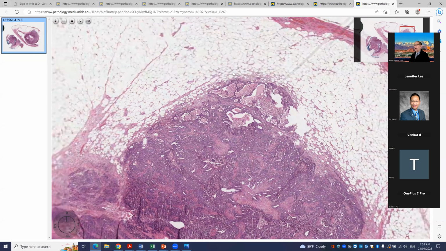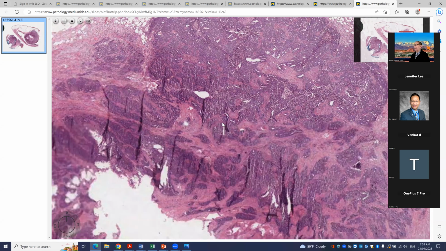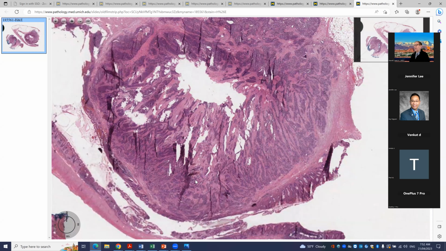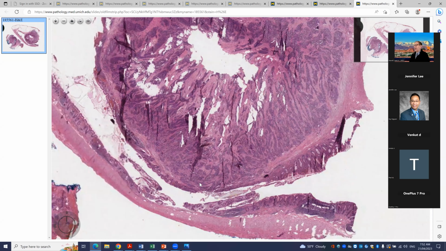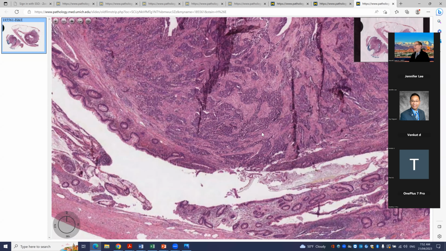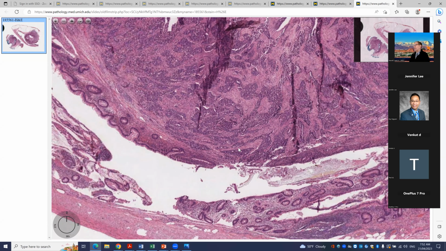Now, what makes this lesion unusual is that it has acquired the capability to invade. And here we see it actually invading the appendix and involving up to the submucosa and mucosal surfaces. So this makes this lesion essentially a stage 4 lesion when it involves the mucosa and has penetrated the wall.